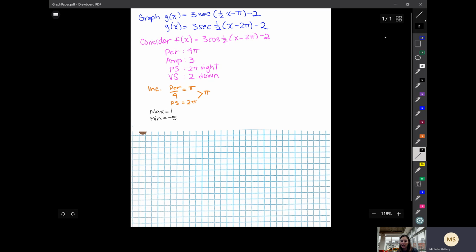I'm going to make this as my graph. I'm going to go ahead and put my y-axis. I'm going to go -5 right here. -5, 4, 3, 2, 1, 0. So here's going to be my x-axis. And then this is going to be 1, 2, 3, and so on.